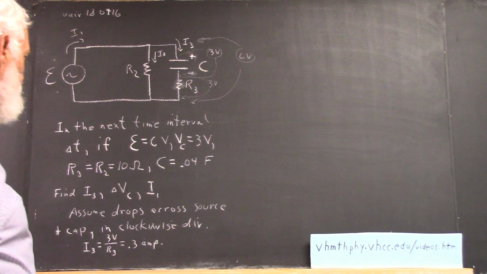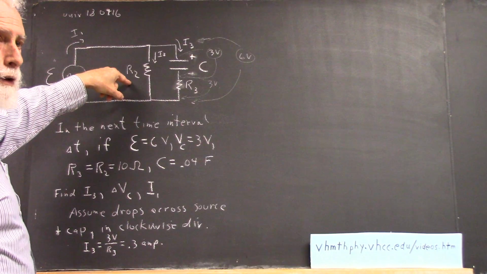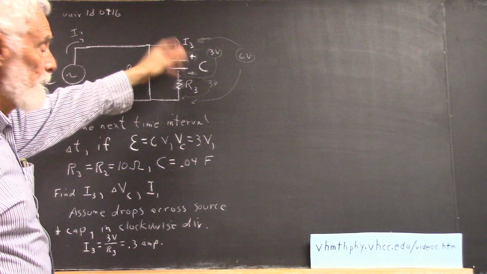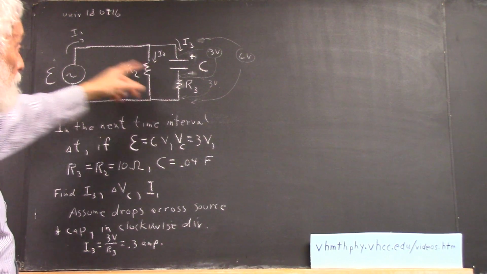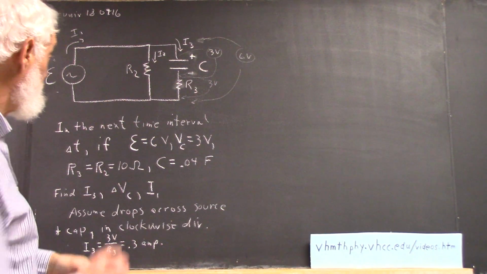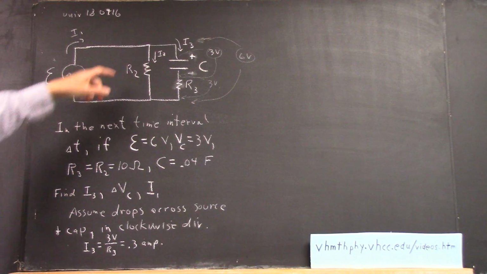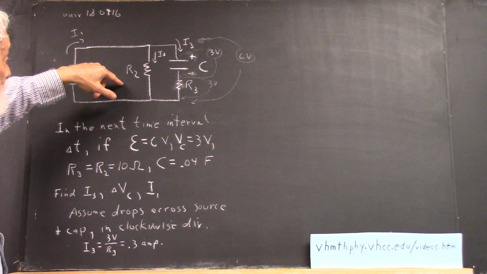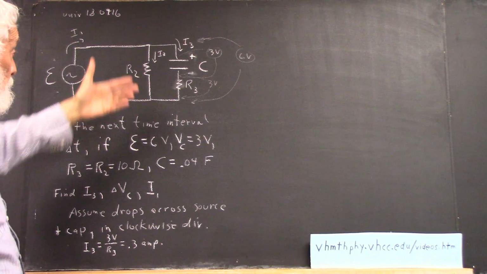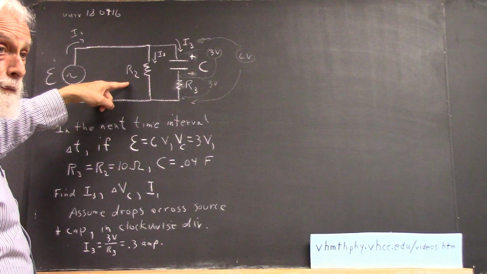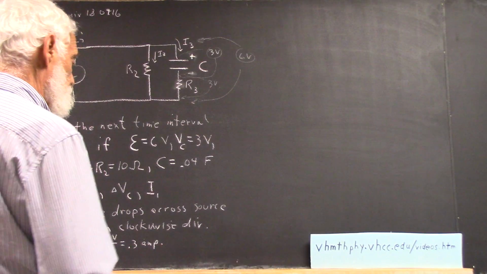Well, anyhow, in that case, current across R2 doesn't care what is happening across the capacitor. Now, if I had a resistor in here, that would have an effect, and we'll see that in a minute. But since R2 is 10 ohms, you got 6 volts through this, so you got 0.6 of an amp here.